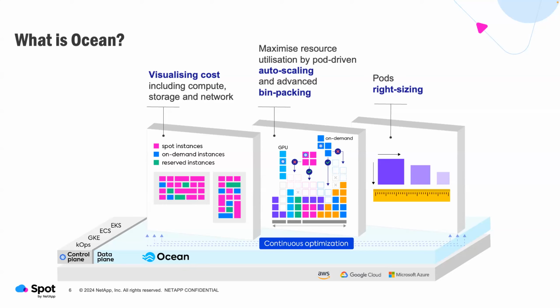We want to make sure that whatever resources are being requested by the pods on our platform, they actually need it and they're actually going to use it. And if they're not, let's right size them down, because there's no point deploying infrastructure that's not going to be utilized. It's great for our hyperscaler account managers, not necessarily great for us who have to pay the bill.